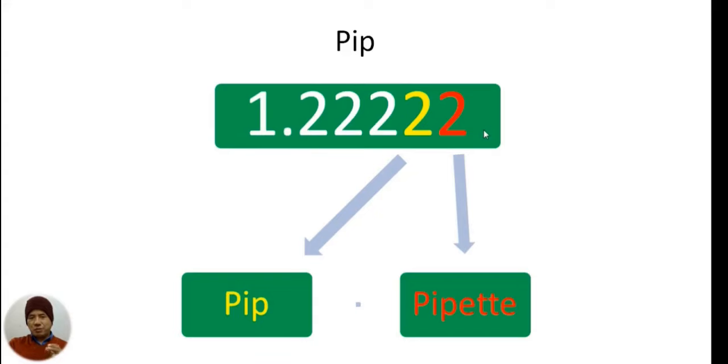There are two kinds of brokers in our market: some are 4-digit brokers, and most of them these days are 5-digit brokers. The fourth decimal is called a pip, and the fifth decimal is called a pipette. 10 pipettes equal 1 pip.